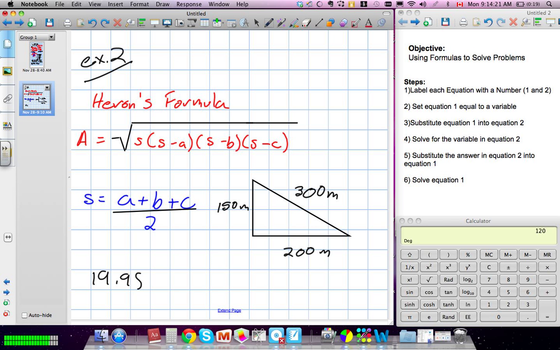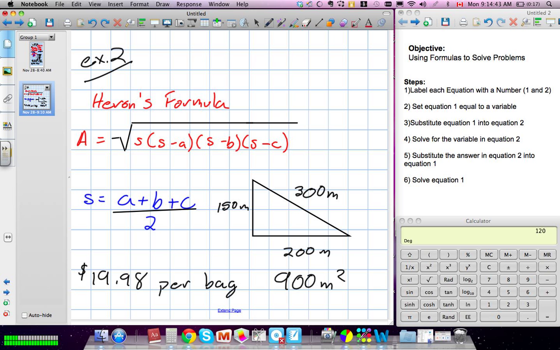And a bag will cover 900 square meters of area. Okay? So we need to estimate how much it's going to cost us. It says she uses Heron's formula to determine the area of the lawn.